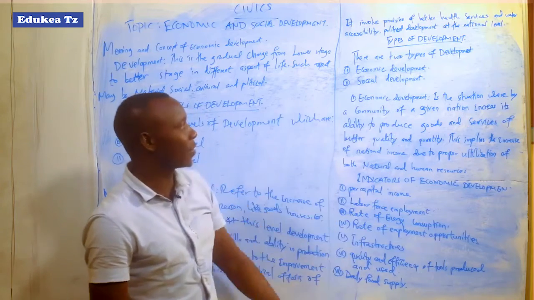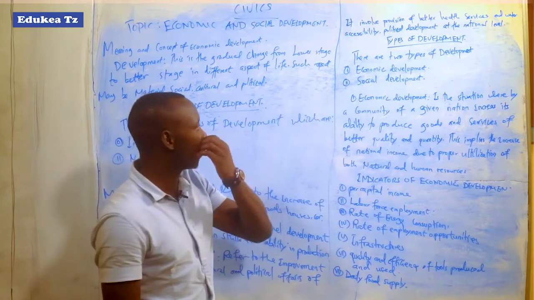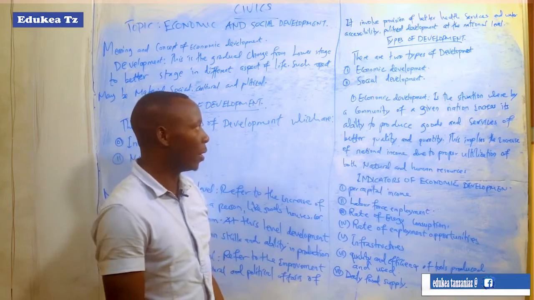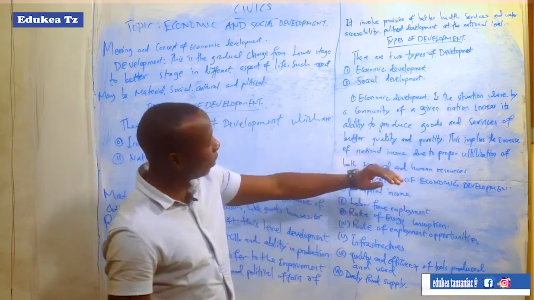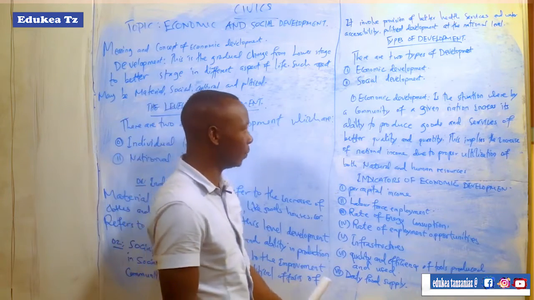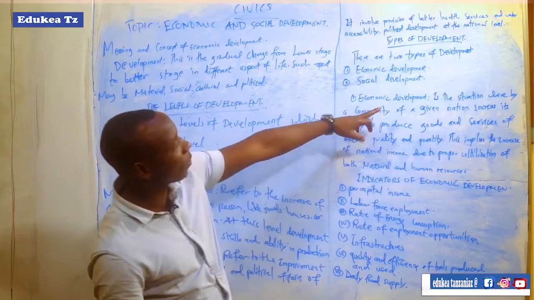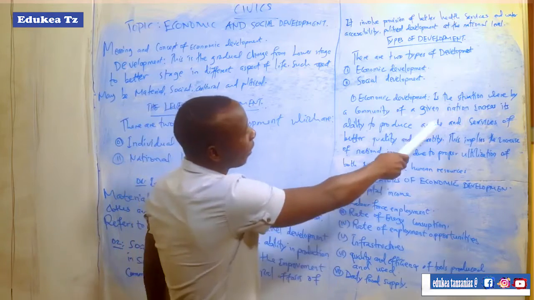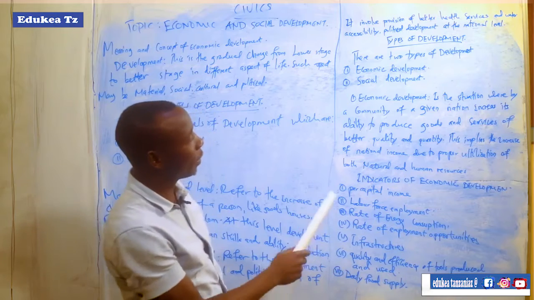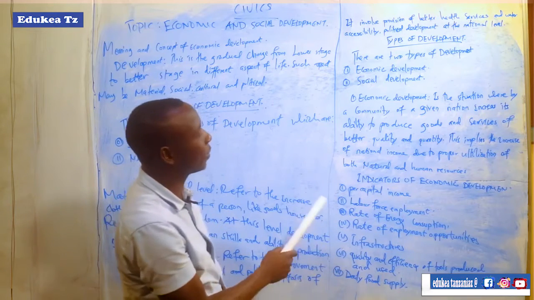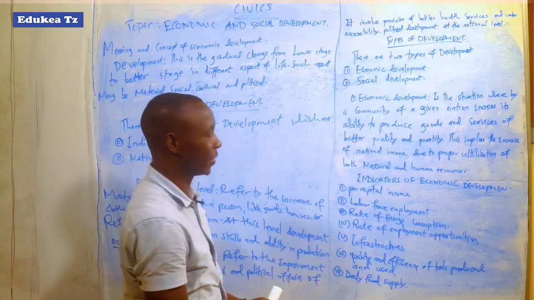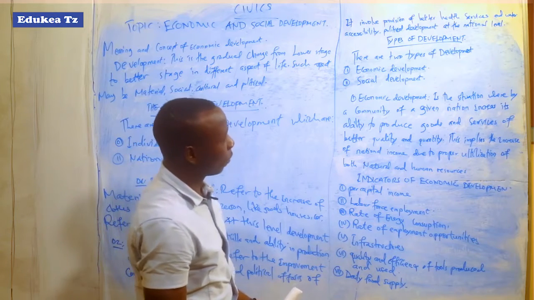Types of development. There are two types of development, which are economic development and social development. Economic development is the situation whereby a community of a given nation increases its ability to produce goods and services of better quality and quantity.